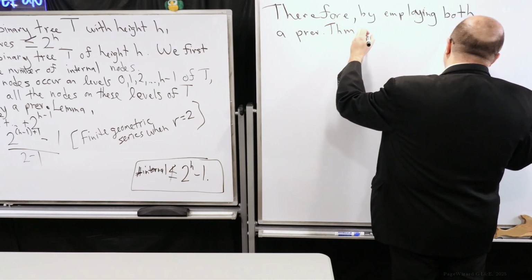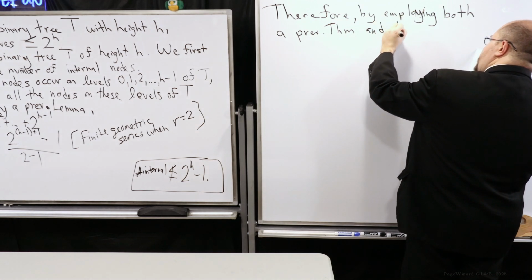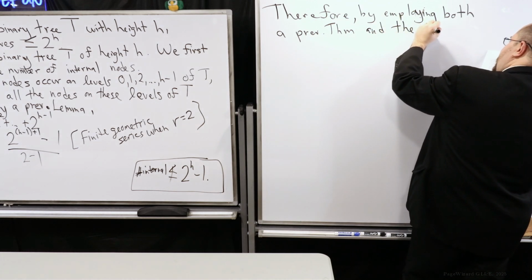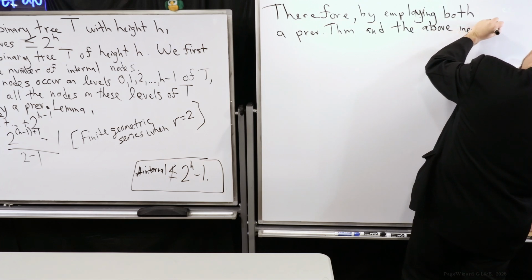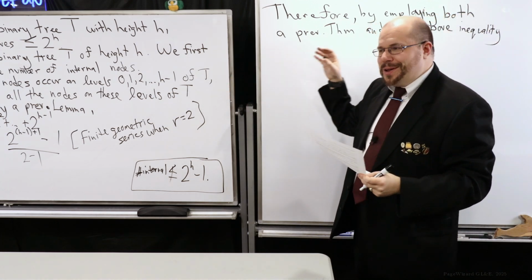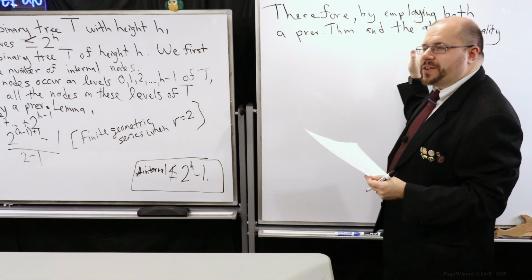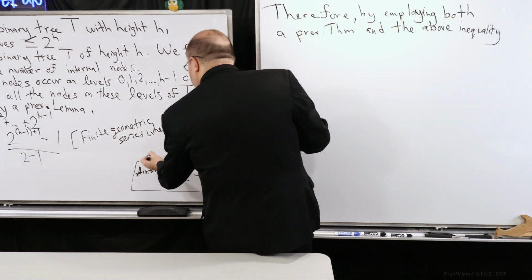By the previous theorem and the above inequality, assuming above means sideways. Of course, I would recommend if you find yourself in a situation like this, you can give this a star.